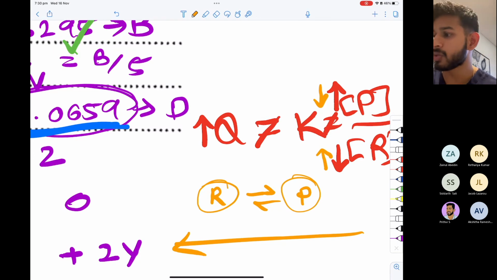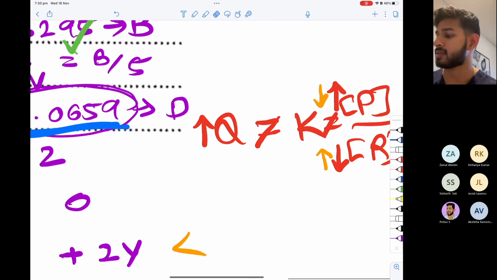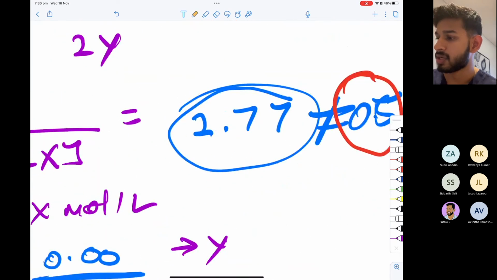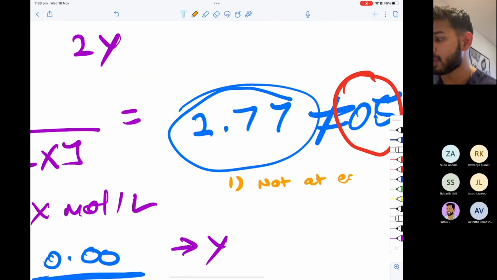So the conclusion we've all made today, everyone, is since Q is bigger than K, two conclusions. Number one, it's not at equilibrium. And number two, the reverse reaction is being favored at that point in time.